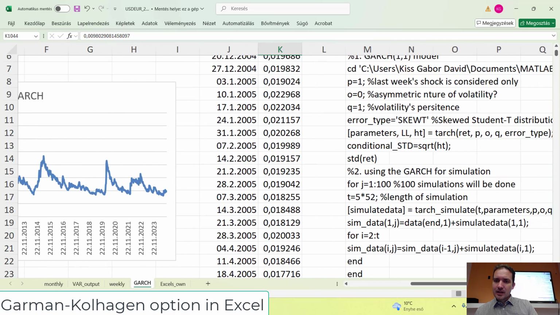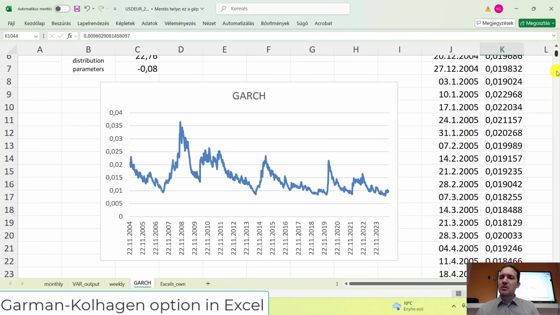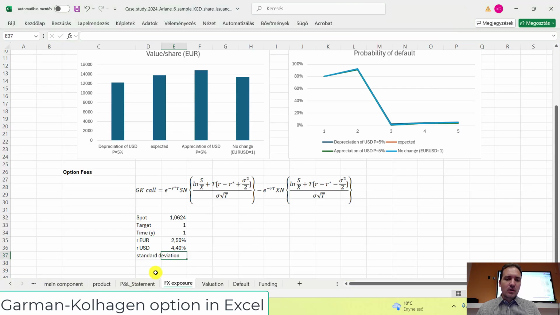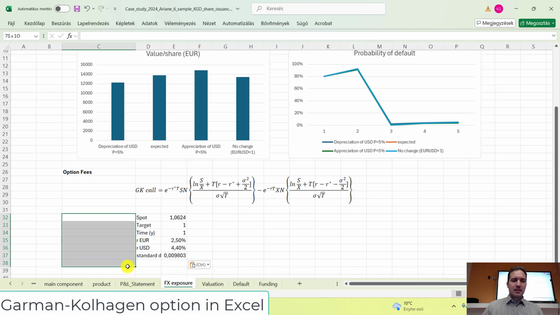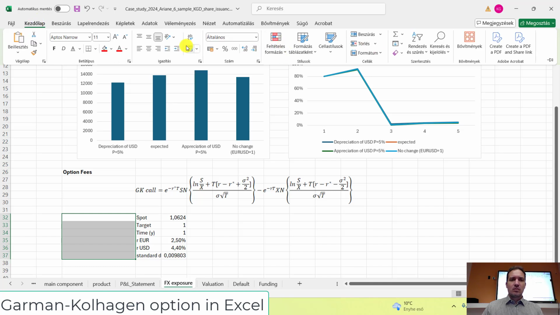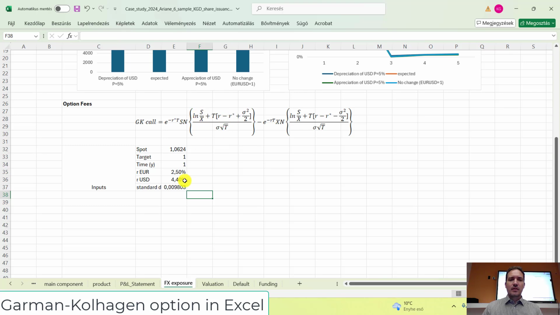Okay, cool. It's already square rooted, so I don't have to square root it again. Good. So this is the standard deviation from last time, and after that we can see that all these inputs were necessary. And then we can start to construct.